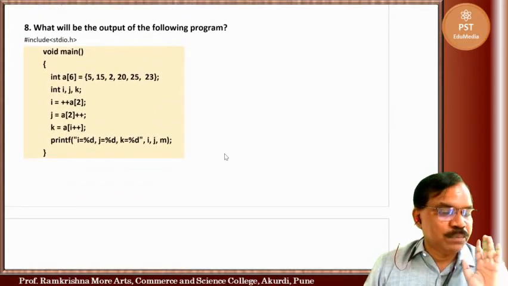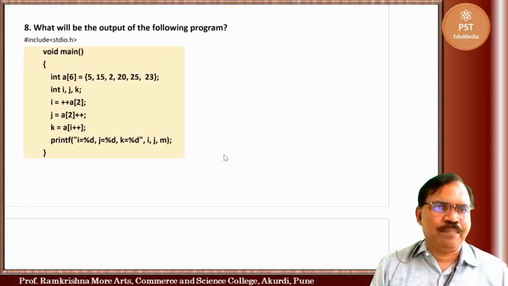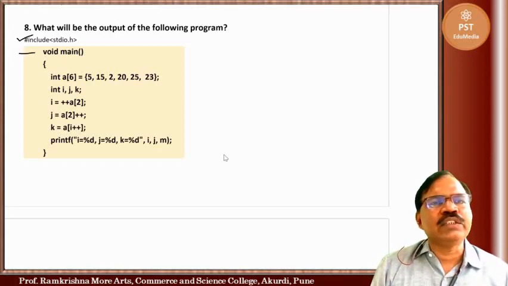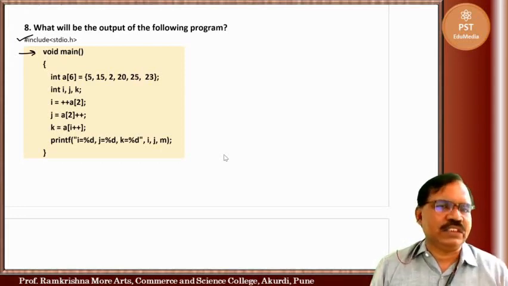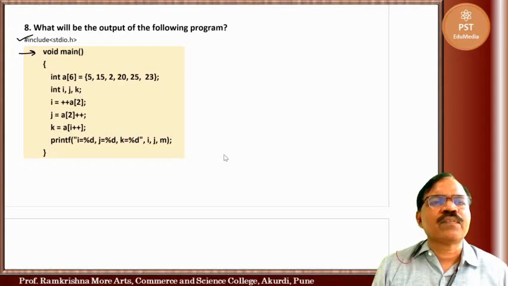Now see this program carefully. What will be the output of the following program? #include <stdio.h>, void main function, then in curly braces int a[6], an array of 6 elements, is equal to {5, 15, 2, 20, 25, 23}.